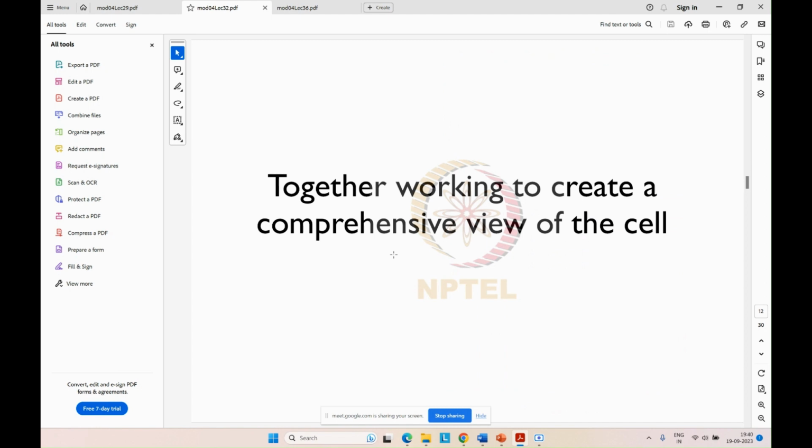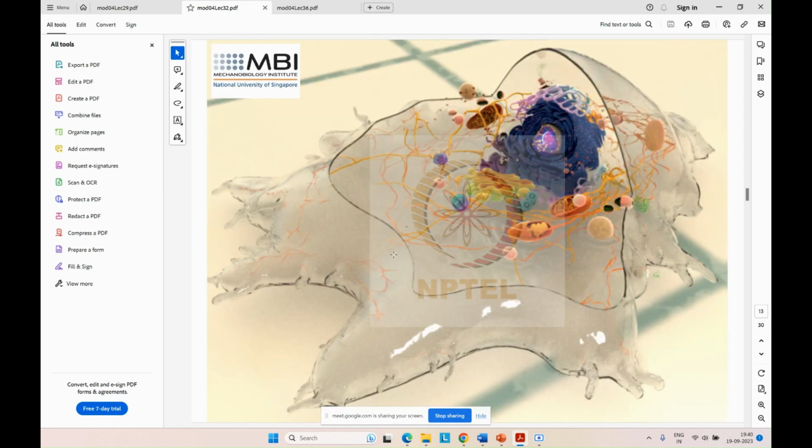A lot of labs are trying to build artificial cells. From a scientific perspective, it would help us get a better sense of how evolution happened, but we'll come to that later.